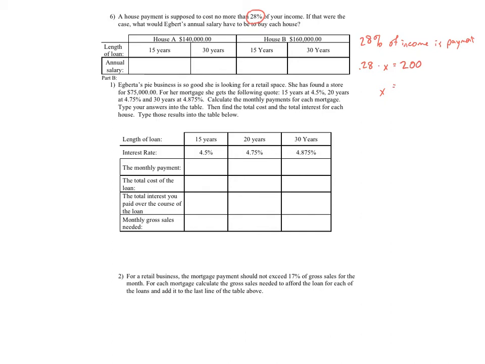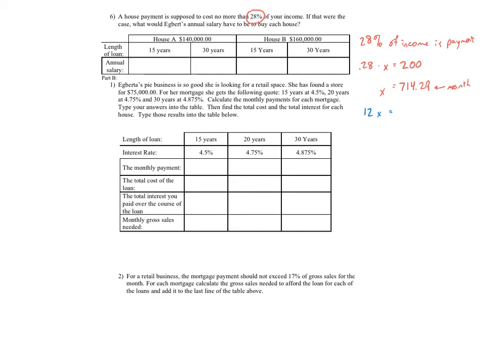And I got $714.29. And that, remember, is per month. That's what my income needs to be every month in order to afford that mortgage payment. Then I'm going to multiply that by 12 because I want my annual salary. Most people, when they think about their salary, think of it for the whole year.